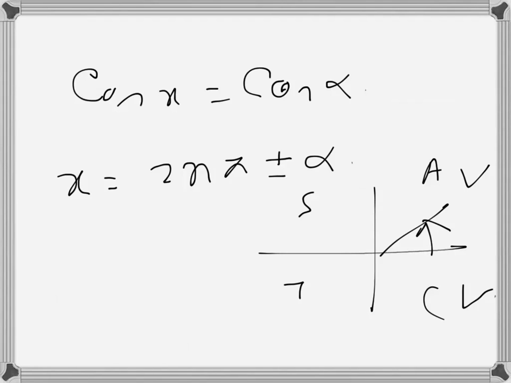When n is equal to 1, this is 2 pi minus alpha, so that becomes the angle. And 2 pi plus alpha is of course the same angle again, so basically the minus is the other angle.